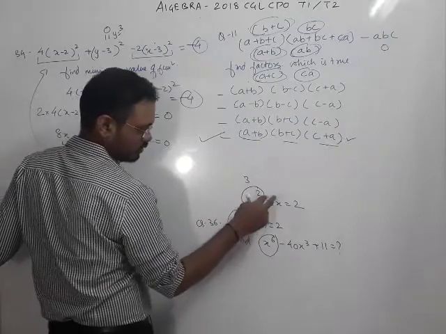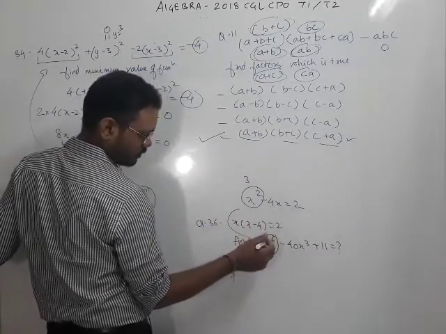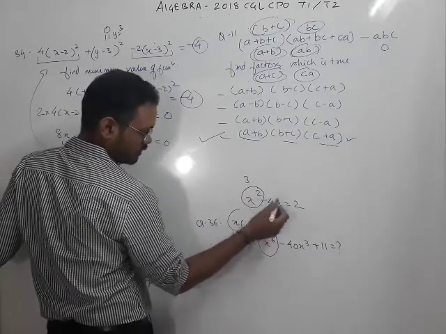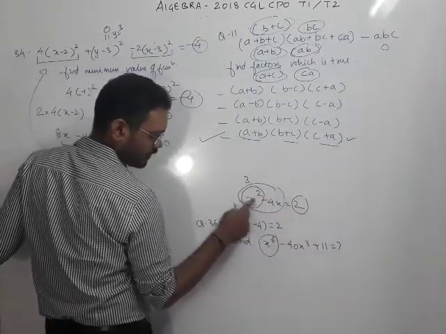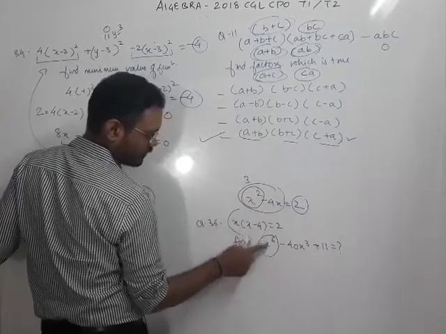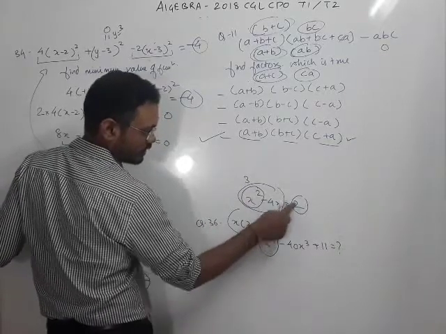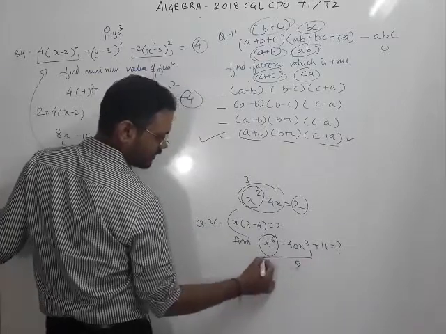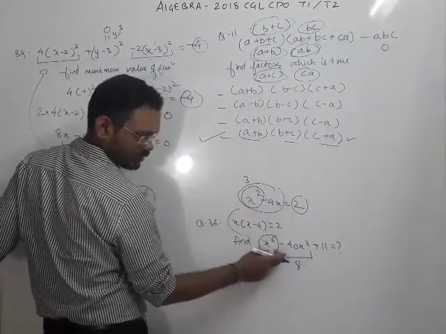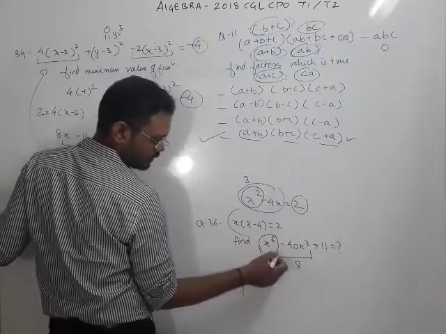Here, you try to do it on your own. Right hand side is constant, left hand side is all variables. I can see that cubing of it will give me x raised to 6. Directly, you write it as 8. This factor is going to come like this. You try to cube and see.